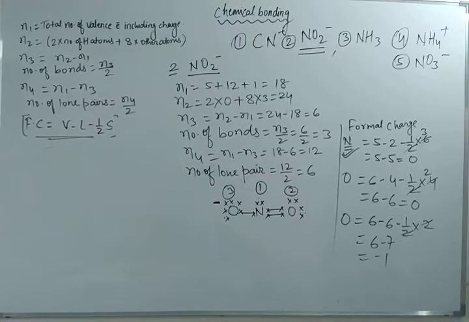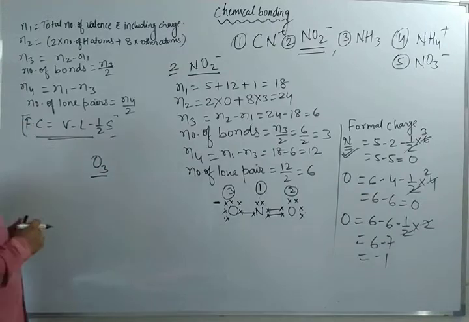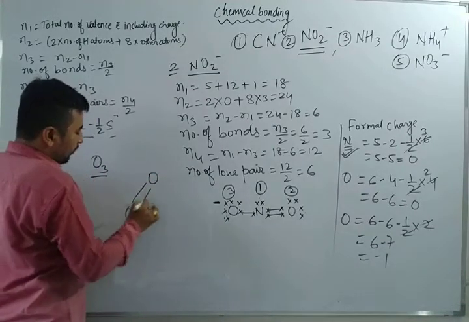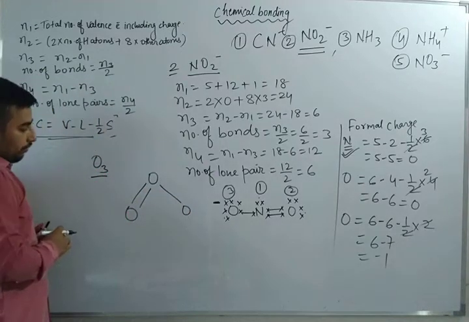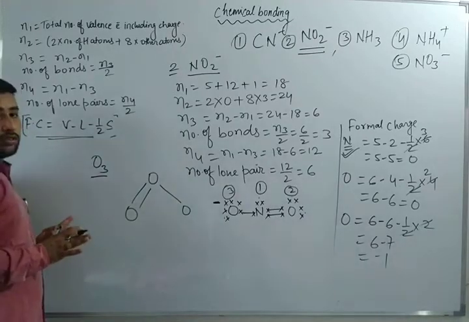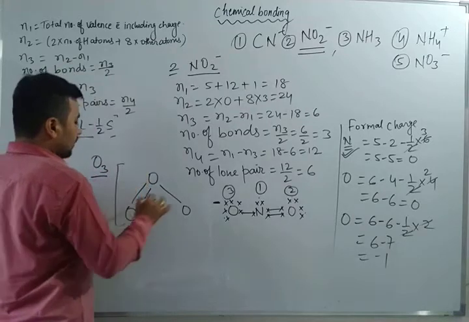If I talk about O3, just suppose O3. You may have seen this as the first example of formal charge in your NCERT textbook. In this way you have calculated the formal charge. I am not putting anything here.